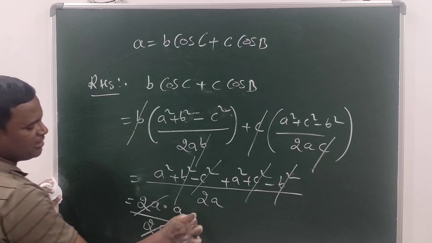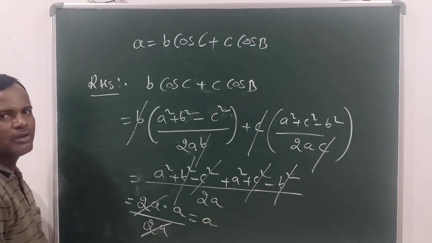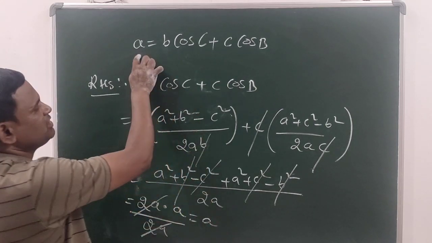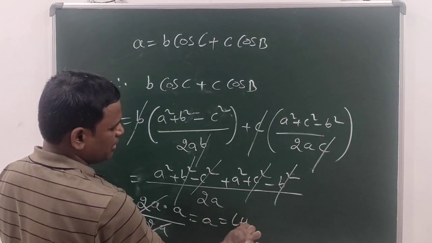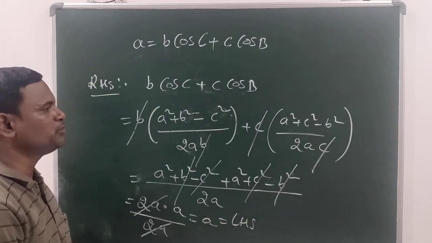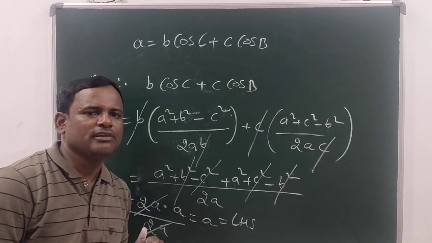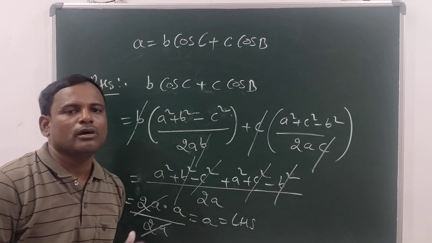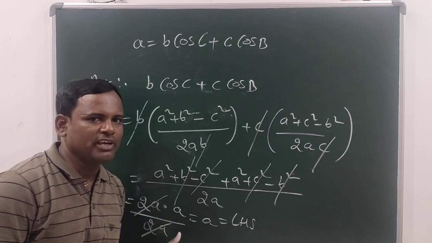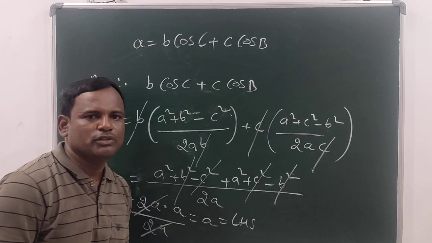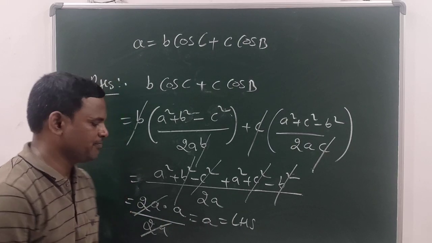Now 2a cancel, small a left. So this is the LHS part. Now we got LHS equal to RHS, so it is proved. So two ways you can prove it. One projection rule I proved here, and the remaining two projection rules you can try.